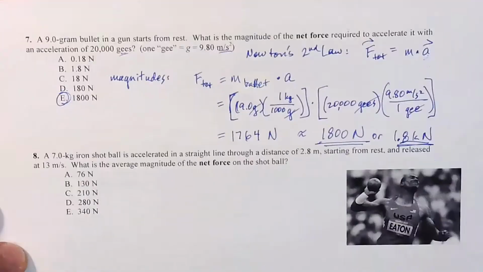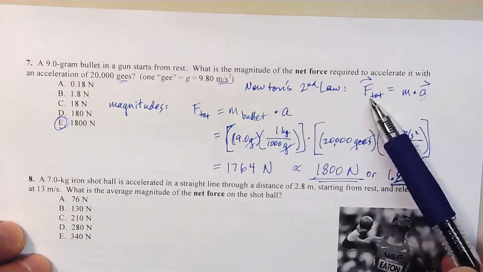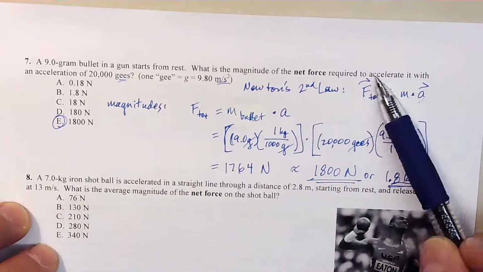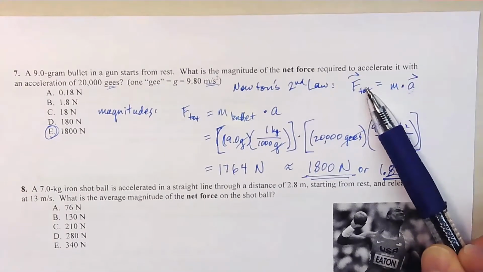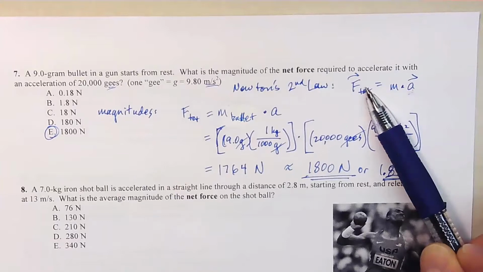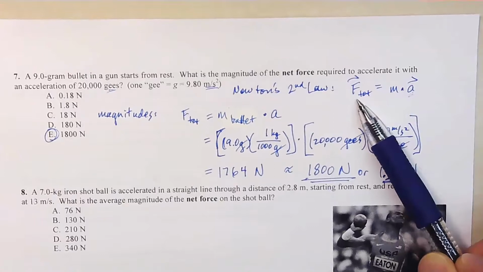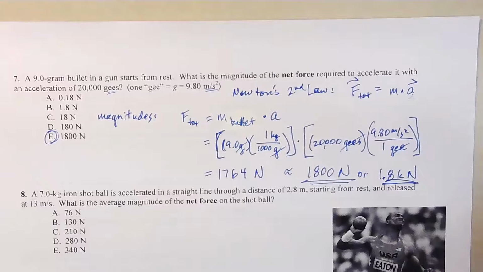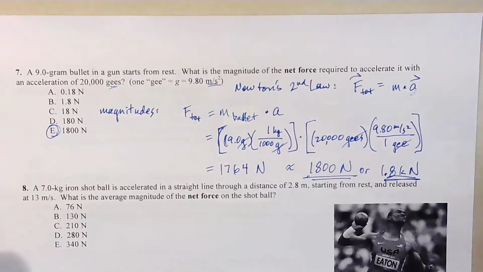All right. Let's take a look at the next question. So that's just a straightforward application of Newton's second law. Net force. And by the way, this is a sum of multiple forces here, right? This is a combination of the force of the exploding gases behind the bullet, caused by the combustion of the gunpowder, minus the drag force from the air in front of the bullet, minus the friction from the sides of the gun muzzle, as the bullet slides against the metal, etc. And there's weight pulling downward toward the earth.